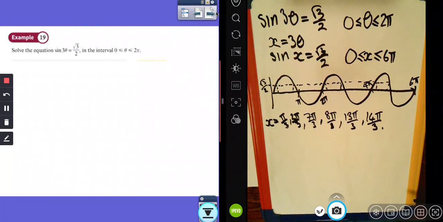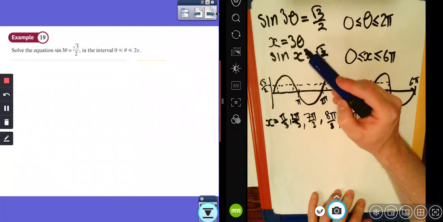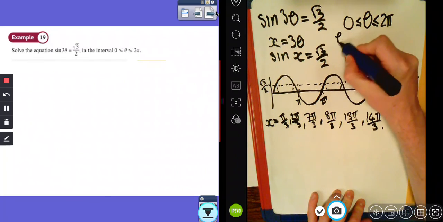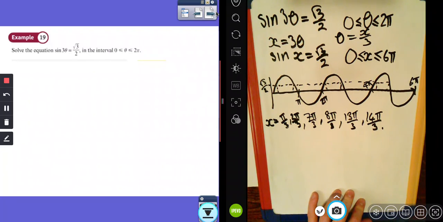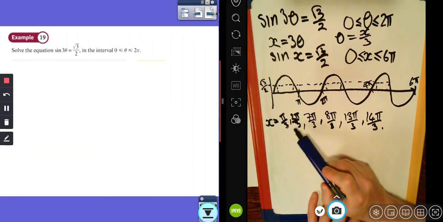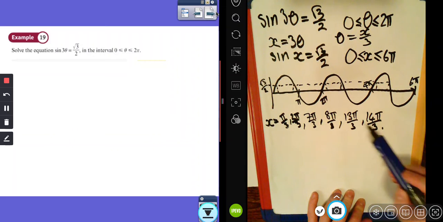But the question didn't say find x, it wants you to find theta. So if x equals 3 theta, as we have at the top here, then of course theta equals x over 3. So we're having to divide each one of these values by 3.